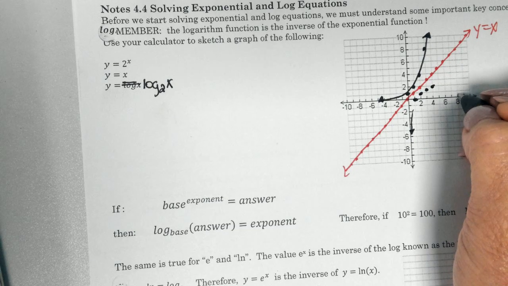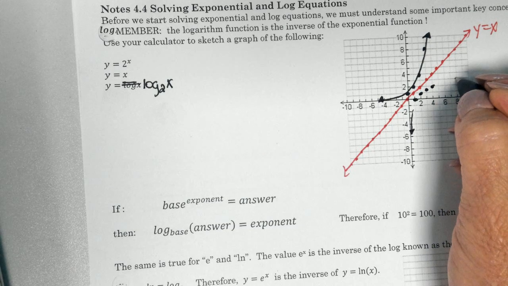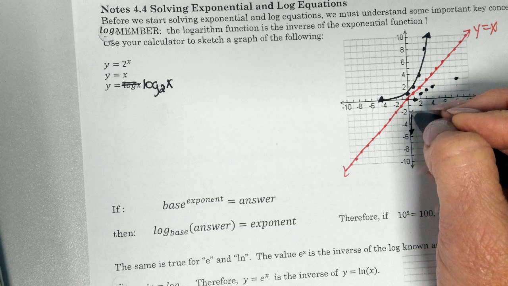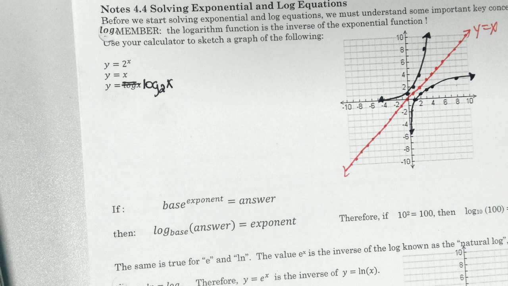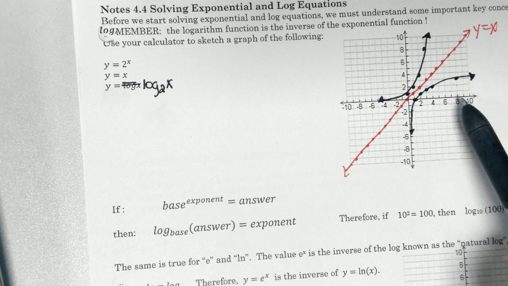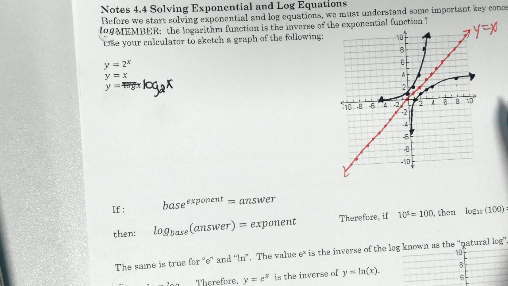We have a point at 8, 3. So we've got some definitive whole numbers there that we can use and see that we are growing as x is approaching positive infinity. Y is approaching positive infinity as well, but it's very slow going, very slow going.